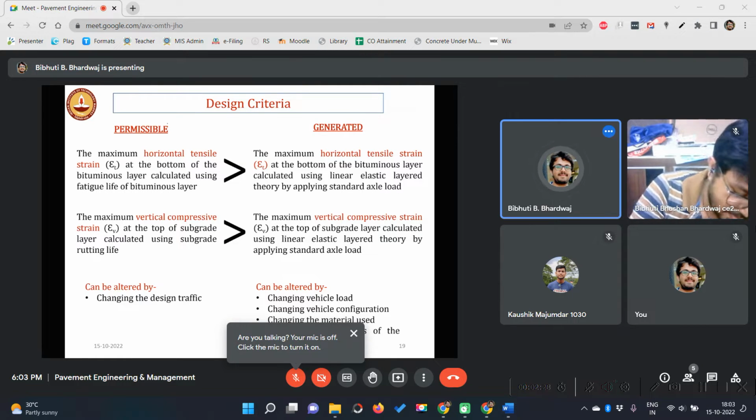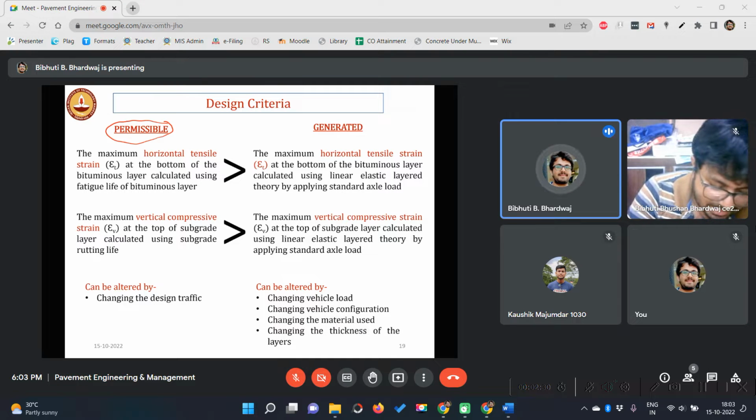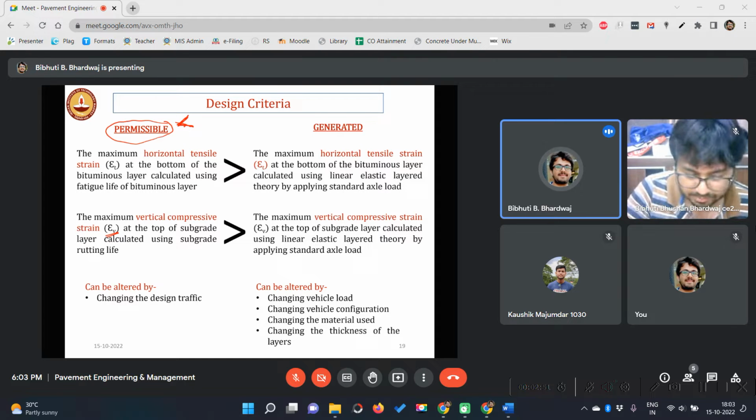One thing is called permissible strain. If anything goes beyond this permissible value, then cracks will appear and more than 20% of the area will be cracked. And again, in case of vertical strain, if anything goes beyond this permissible value, then your average rutting depth will be more than 20 mm.